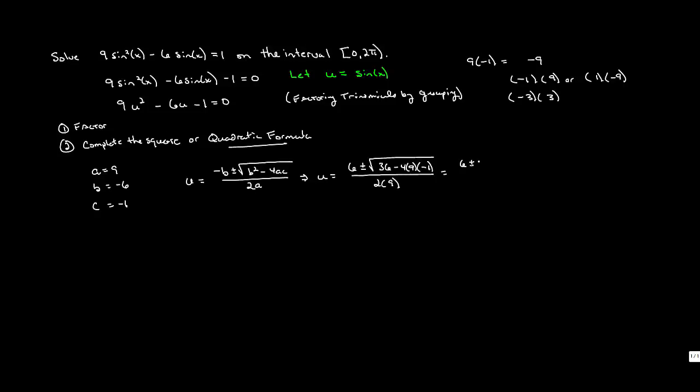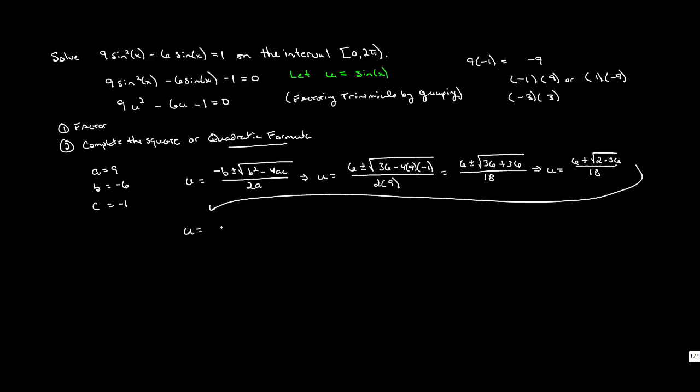So that would be 6 plus or minus the square root. So this is going to give me 36 plus another 36 over 18. Okay, so that's what u is equal to, right? And so u is equal to 6 plus the square root of 2 times 36 over 18.